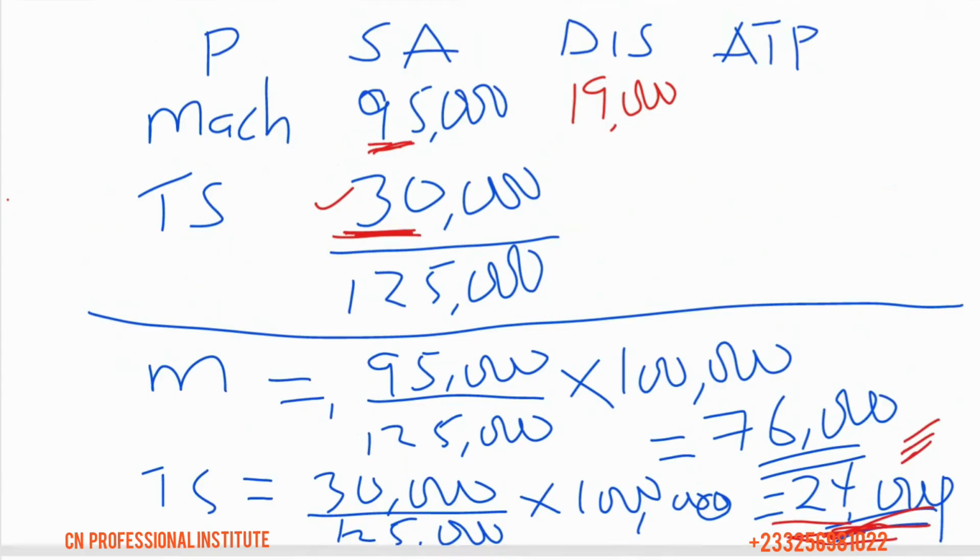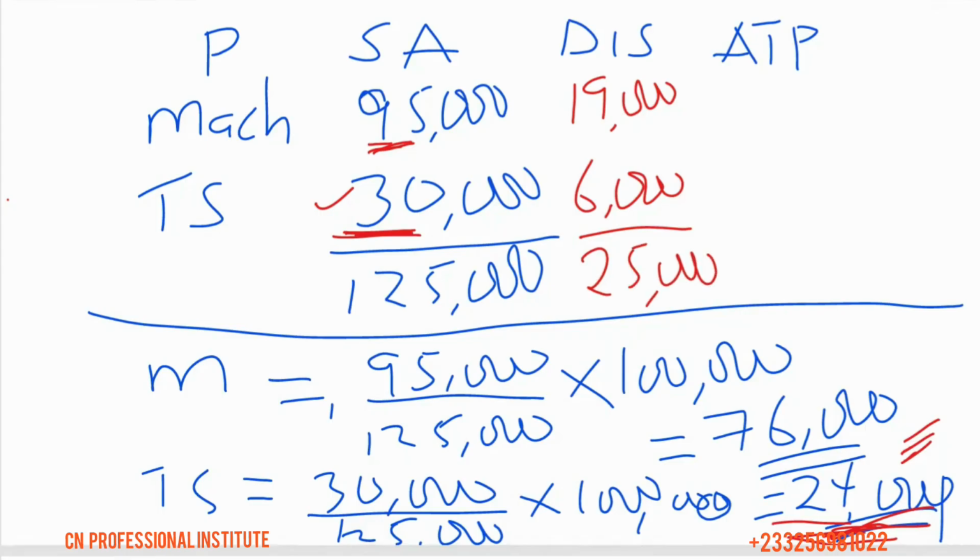So the 6,000 discount is allocated to technical support. So when you sum all this, 19,000 plus 6,000 gives us 25,000. So you see, we've gotten the discount back, 25,000.